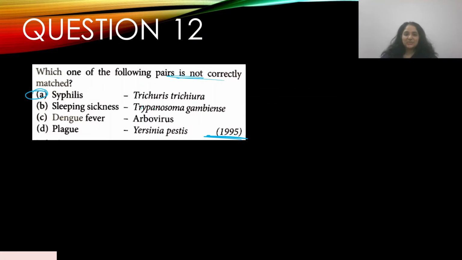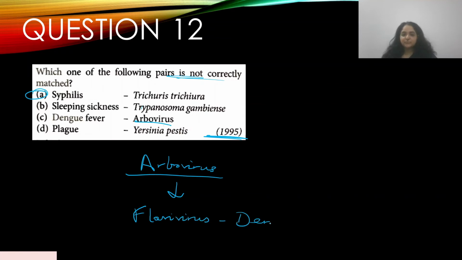Sleeping sickness, Trypanosoma gambiense, yes. Dengue fever, arbovirus. Previously I said flaviviridae or flavivirus. That forms a part of arbovirus. Arbovirus contains various other viruses, one of them is flavivirus, which eventually causes dengue fever.